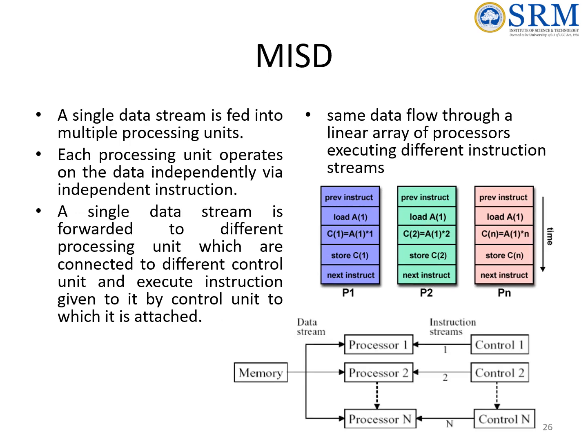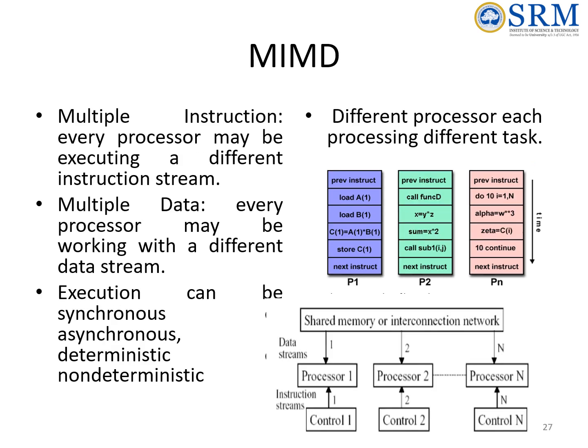Then multiple instruction and single data: here the instructions are different, whereas the data is the same. And in multiple instruction and multiple data, the instructions are different, and the data being worked on is also different.